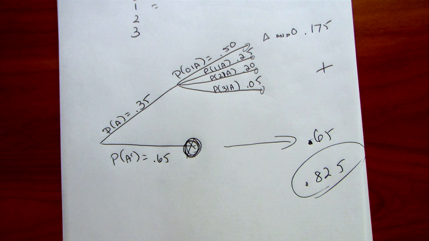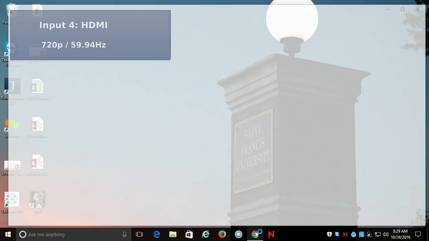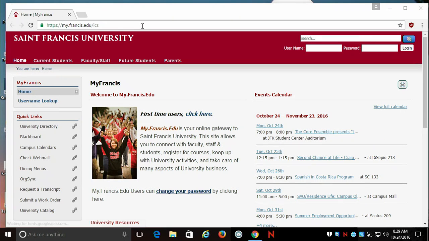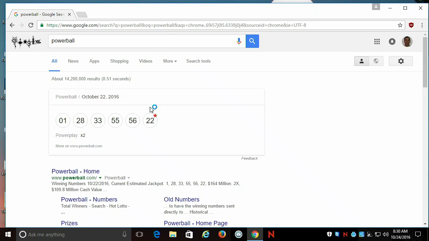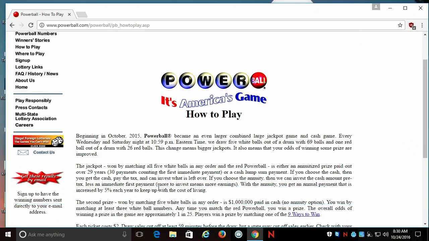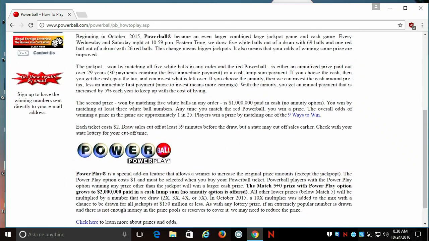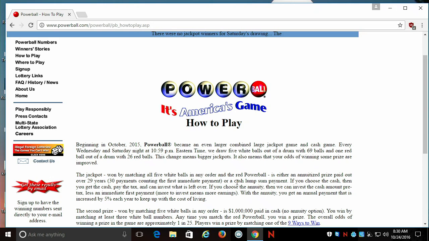And what I'd also like you to do for Thursday, and this is kind of a weird assignment, is figure out, we mentioned what the odds of winning the Powerball is, but I want you to use a probability tree to figure out the odds of winning the Powerball.